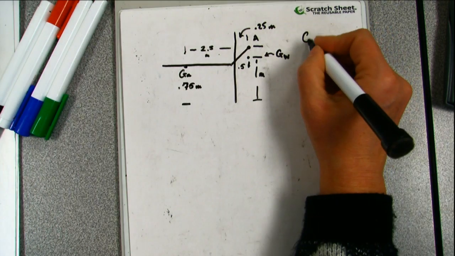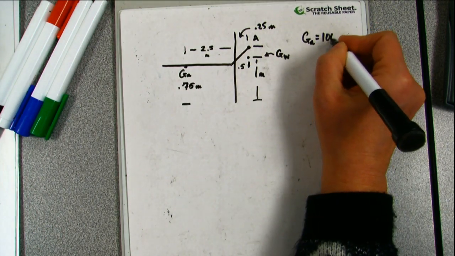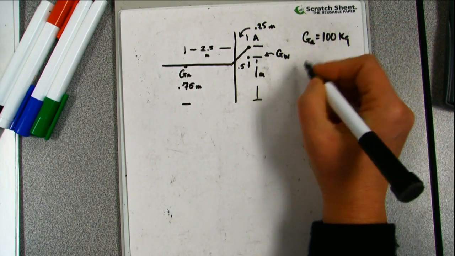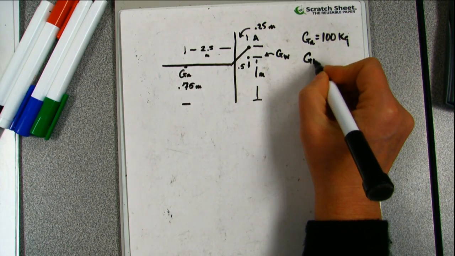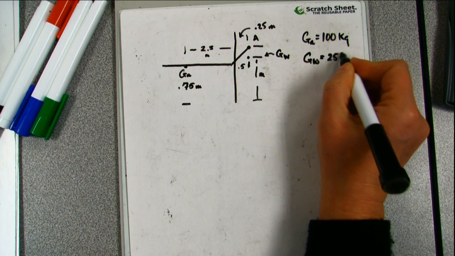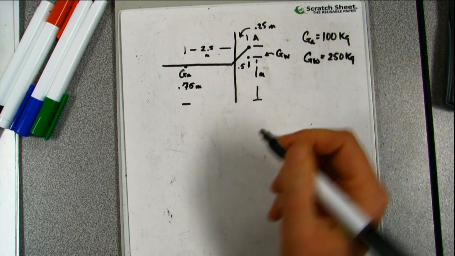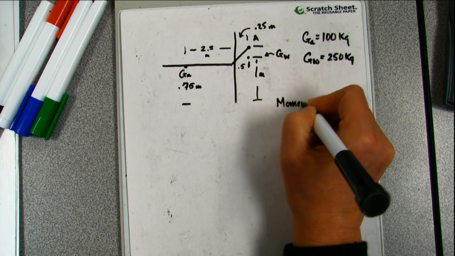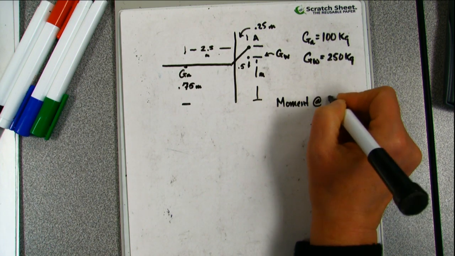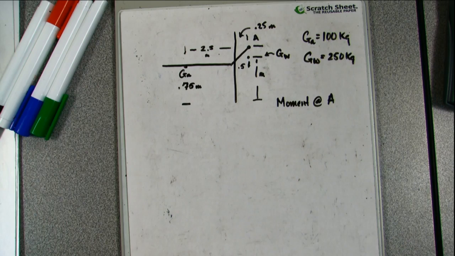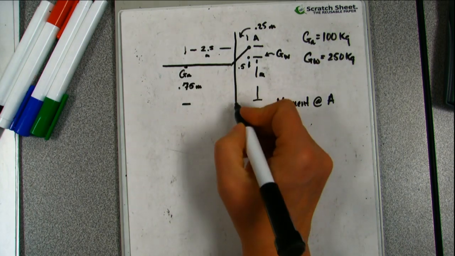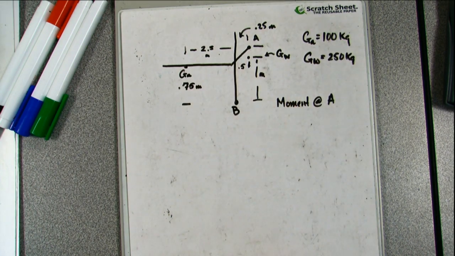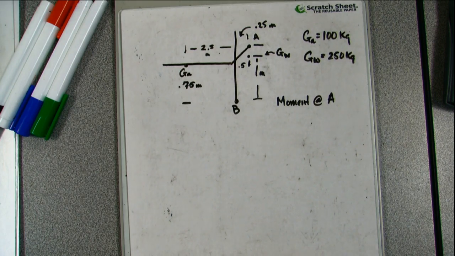We're given that the gate has a mass of 100 kilograms. The counterweight is 250 kilograms. And we want to find the moment at A. Okay, and this is point B for reference for the pole.